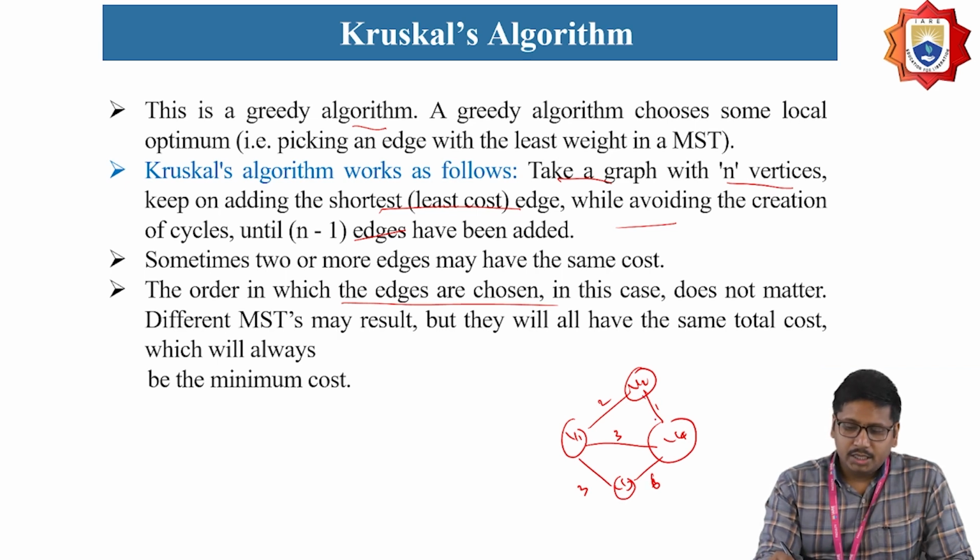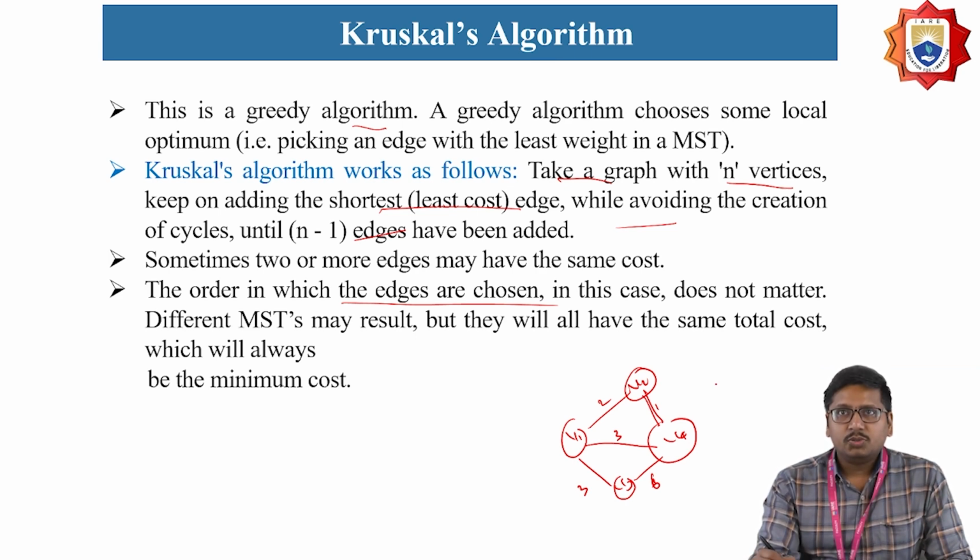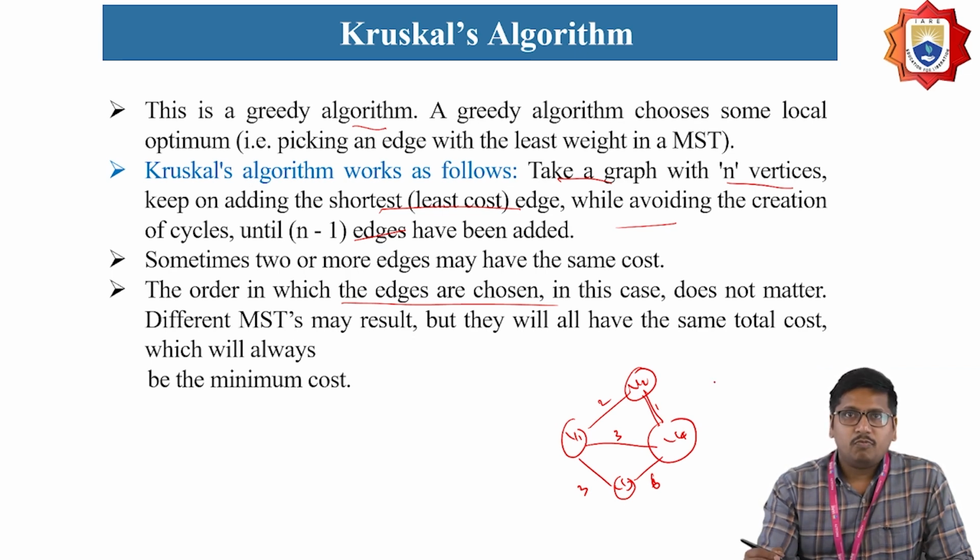While selecting an edge, it should not form a cycle. Sometimes two or more edges have the same cost, and at that time we can select those edges also. The order in which the edges are chosen doesn't matter, but the resultant should be the minimum one, that is, the sum of the weights of all the edges in the minimum spanning tree should be minimum.